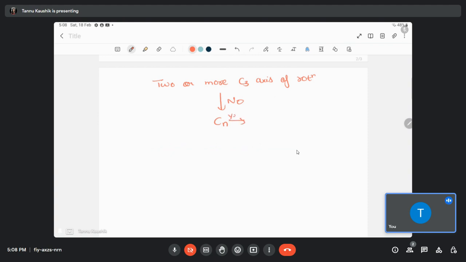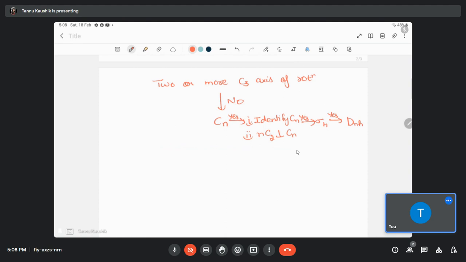If yes, then next we will identify which proper axis of rotation it has, identify Cn, and whether we have n C2 axes perpendicular to this Cn proper axis of rotation. If this condition is satisfied, we will check whether sigma h is present or not. If sigma h is present, then it will come under Dnh point group.